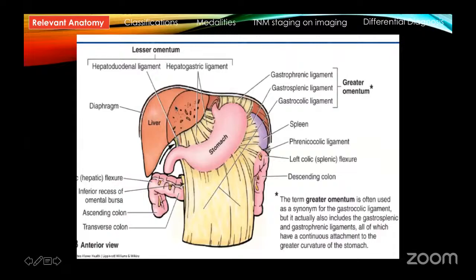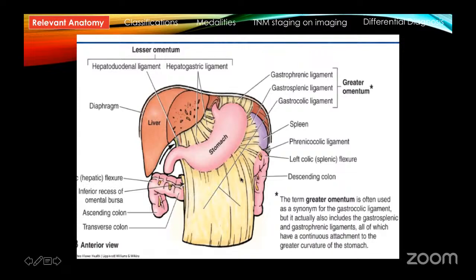So the lesser omentum is made of two ligaments, the hepatoduodenal ligament and the hepatogastric ligament. So everything that radiates through the lesser curvature of the stomach is basically what we are looking at. Whereas the greater omentum, most of the times what we feel, it's like this huge curtain that falls from the greater curvature of the stomach up to the transverse colon, that it rolls again, it goes down and it rolls up again over the transverse colon.